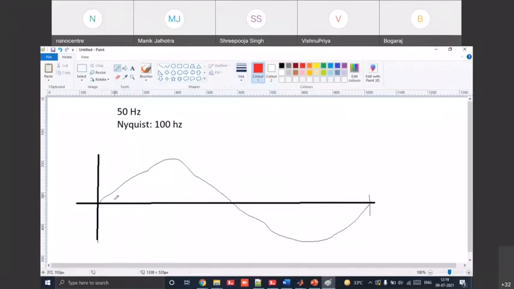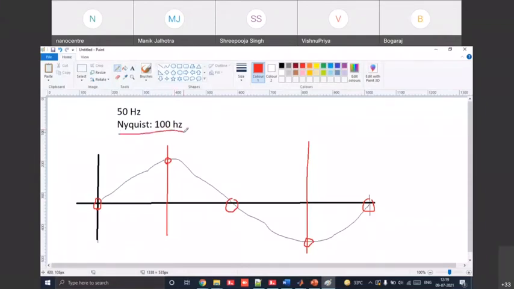One sample will be taken over here, another over here, and another over here. Because this is 100 hertz, we will have one sample over here also, and one over here also.